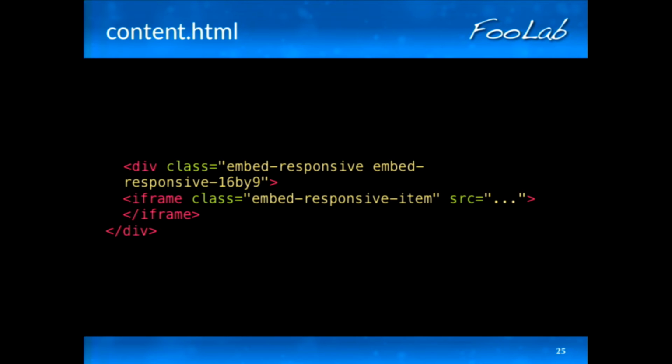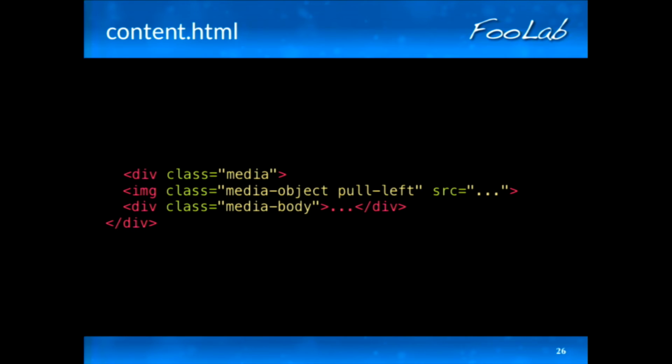My solution to embedding SlideShare is just not to embed it. I just put a link instead. After messing with it for a few hours, I said, you know what? Never mind. I'll just send them a request to make their stuff responsive, please. That was my solution to the problem.